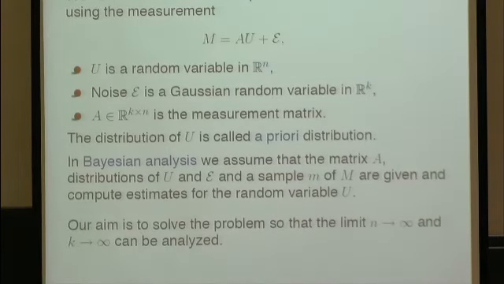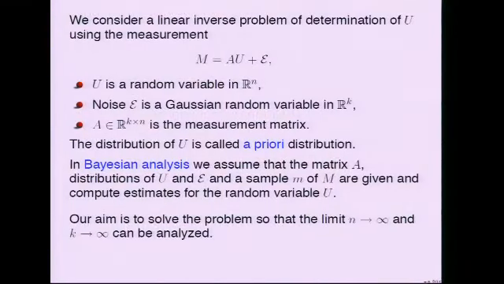In the Bayesian paradigm, one assumes that one knows a so-called a priori distribution for the unknown u. So one has some idea how u looks before any measurements. Then one assumes that one knows the measurement operator A, and the statistics of the noise are also assumed to be given.